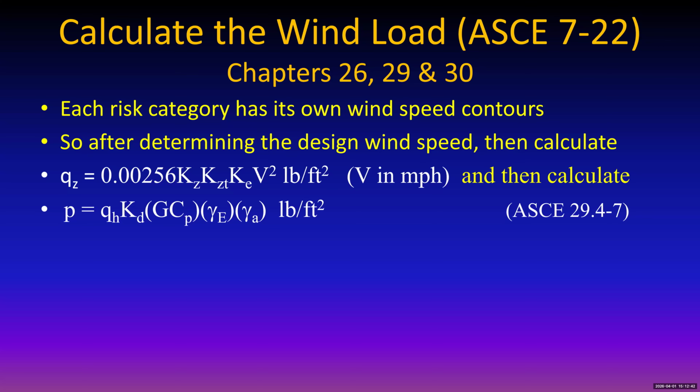And once we know qz, it is height dependent. The higher you go off the ground, the different the value. So p, the actual pressure, is going to be qz evaluated at a height h, which is qh, times a bunch of other coefficients: the Kd, the GCp, gamma E, gamma A. That's what's so fun about the ASCE 7-22.